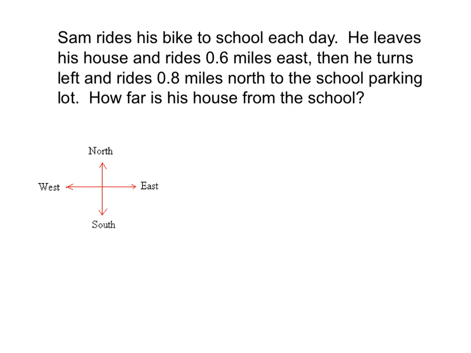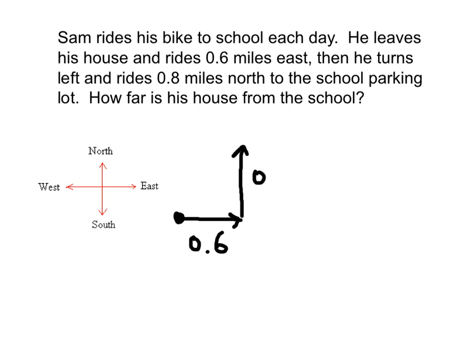All right, so here we have a diagram of directions. Remember, on a piece of paper, north is always up, south is down, west would be to the left, and east to the right. So let's say that this is Sam's house right here, and it says he rides 6/10 of a mile east. So that's going to be this direction. Then he's going to turn left and ride 8/10 of a mile north.